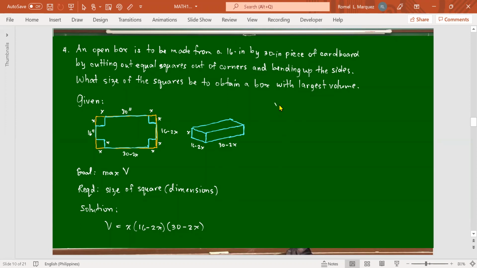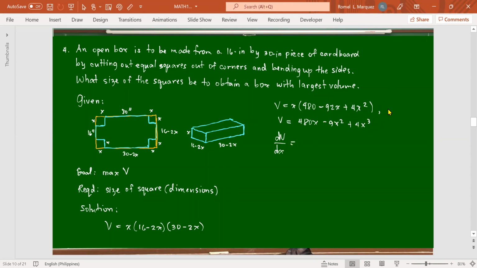So expand: x times 16 times 30, 480 minus 60 plus 32, so negative, minus 92x, plus 4x squared. Please check, guys. Is that right? Then expand: 480x minus 92x squared plus 4x cubed. Get the derivative of V with respect to x.